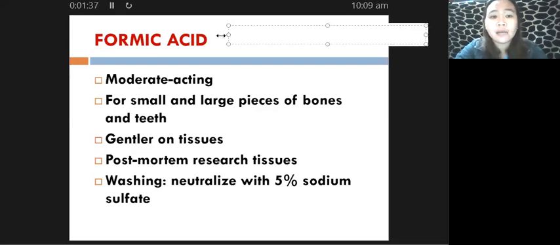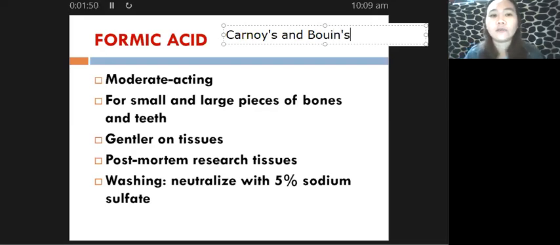Fixatives that can act as decalcifying agents, we have your Carnoy's and your Bowen's. So formic acid, Carnoy's, and Bowen's, all of these can act as fixatives and decalcifying agents.